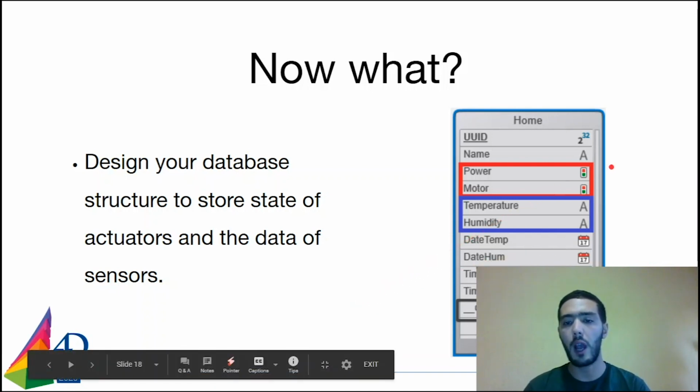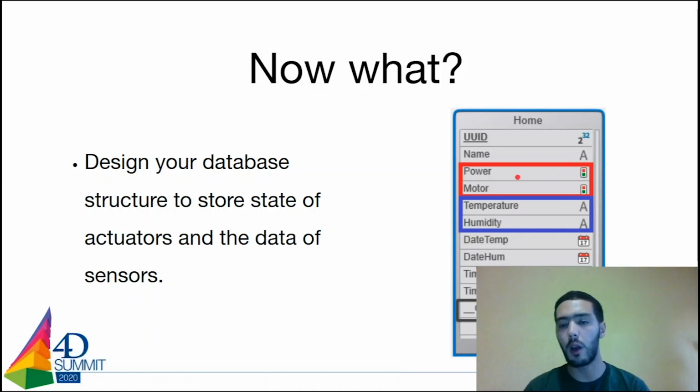The state of the actuator, in this case the LEDs, we'll treat as booleans, so that at the level of our iOS application we can directly have this slider, and also store the state of the bulb to know at each time whether the bulb is actually on or off.